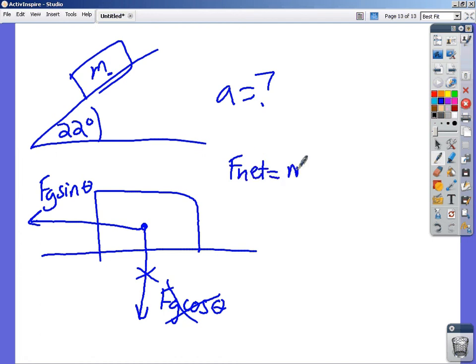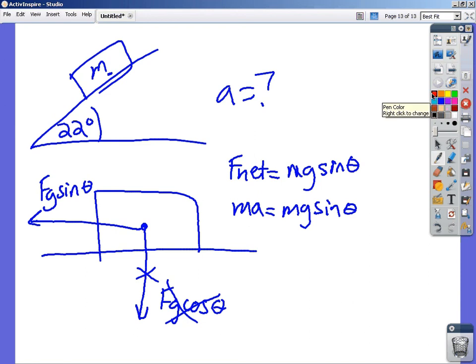Without friction though. Okay, part 54 says repeat question number 52, but now we have a coefficient of friction. This is 22 degrees. Now we have a coefficient of friction equal to 0.20, block of mass m. Looking again at our free body diagram, we have Fg cosine theta.